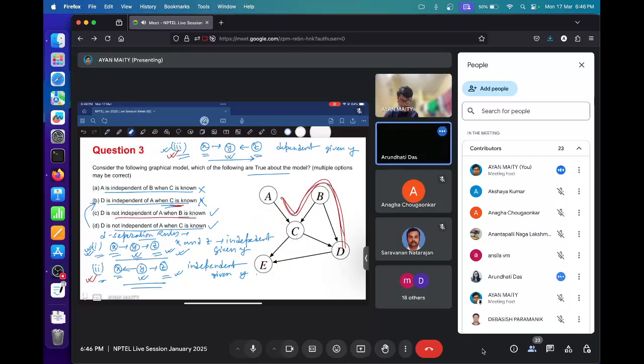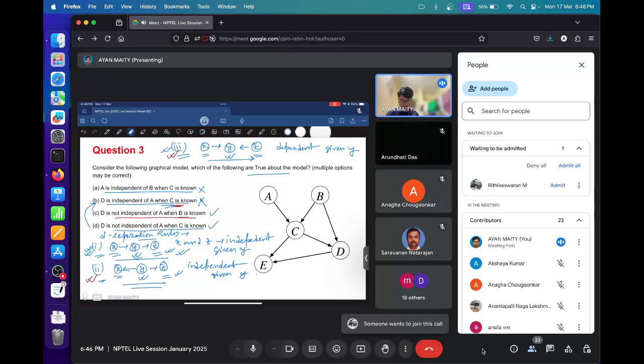So in the second path, this path was not blocked. For this, we broke this down into two parts: ACB and then CBD.